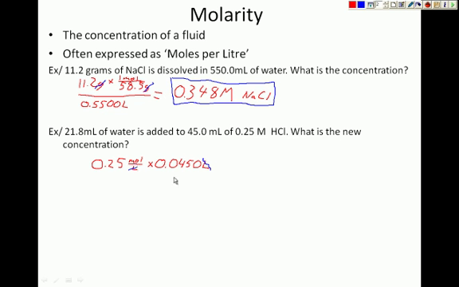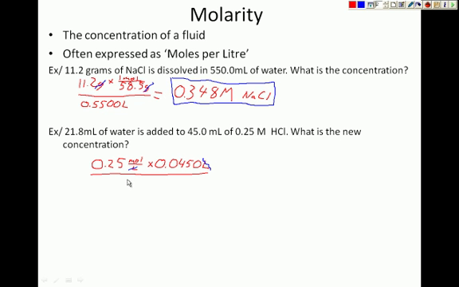moles of HCl. Now, what we're going to do with this is divide it by our new volume. So we're going to take 45.0 milliliters and add that to our 21.8 milliliters because we're adding some water, and that's going to equal 66.8 milliliters.